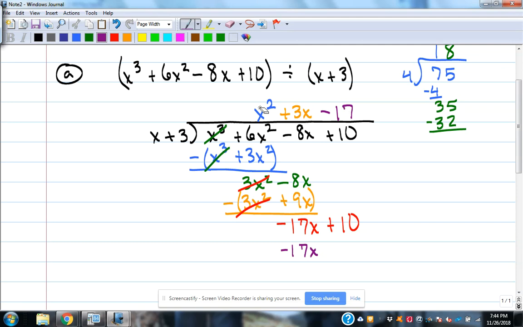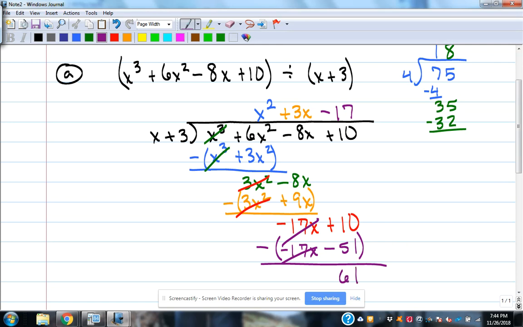Negative 17 times positive 3 is negative 51. Parentheses, subtract. Negative 17x minus negative 17x, what happens to those? They cancel out. 10 minus negative 51 is 61.